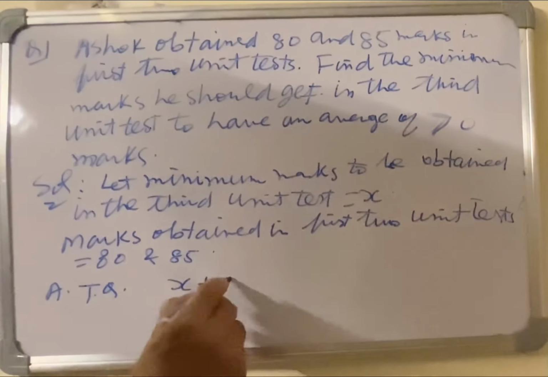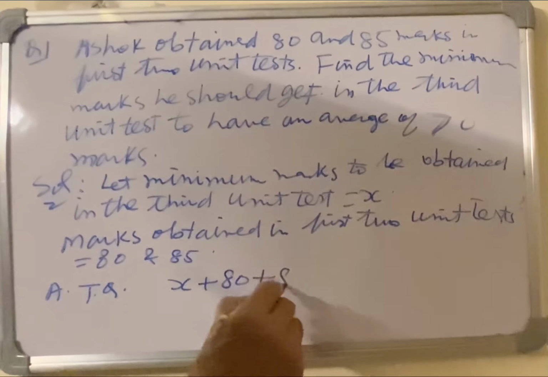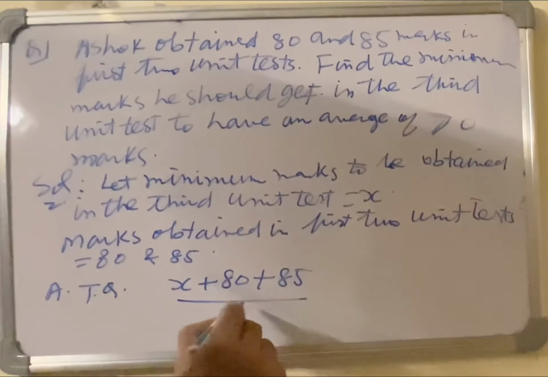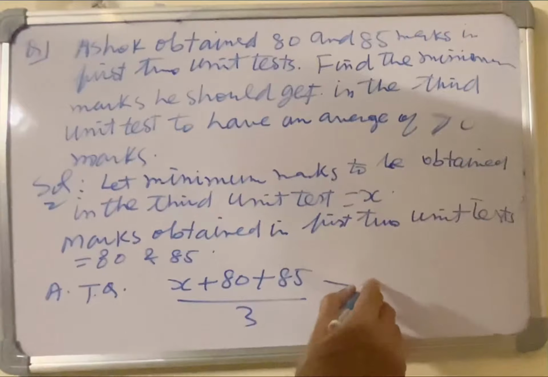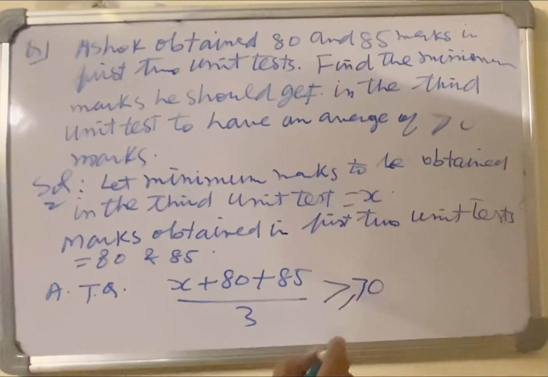(x + 80 + 85)/3 is greater than or equal to 70.